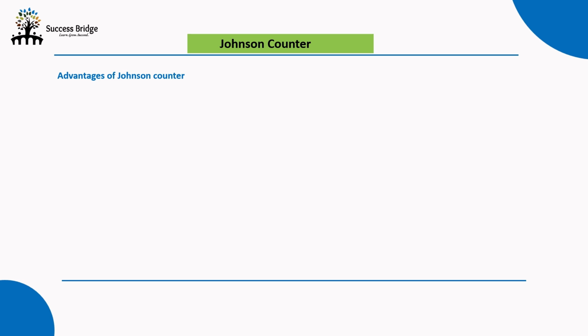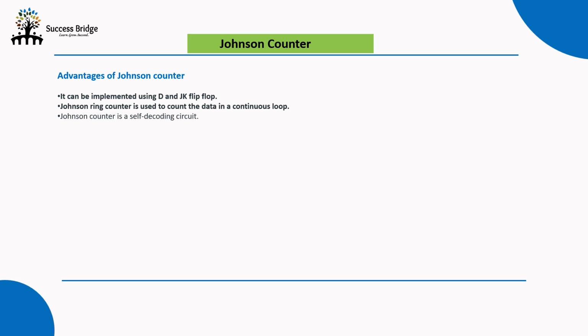It can be implemented using D flip-flops. Johnson's counter is used to count data in a continuous loop. The next advantage is that it is a self-decoding circuit.